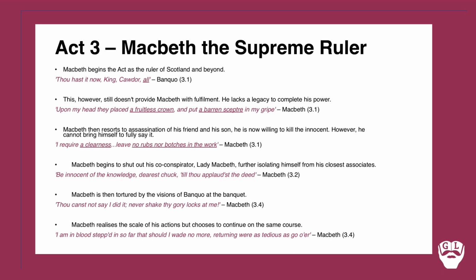Macbeth likens the victims of his reign of terror so far and the blood they've spilt to almost like a pool, that he's wading so far into the blood of the innocent victims he's killed that it's almost as tiring to go back and atone for his sins and change as it will be to continue. So in that frame of mind, he decides to carry on.